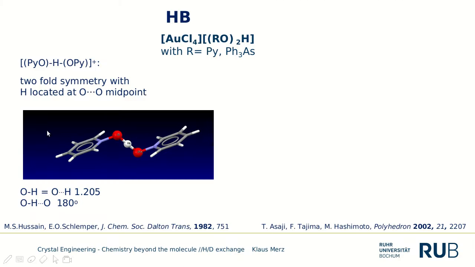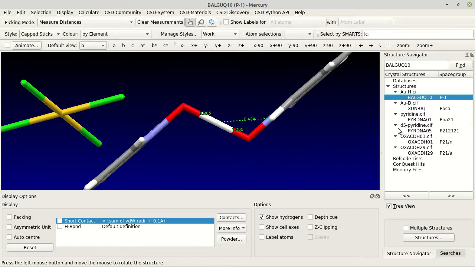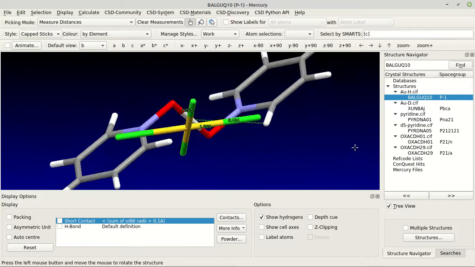There is two-fold symmetry, and the hydrogen is exactly located in the middle of the oxygen contact. And you see a very nicely linear configuration.